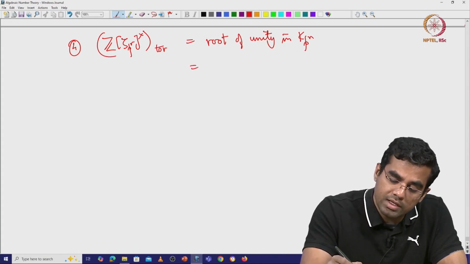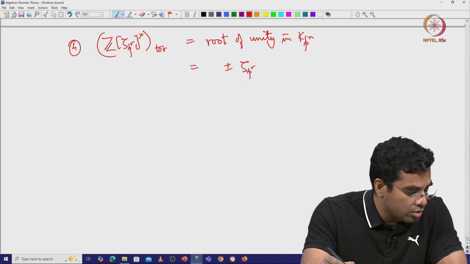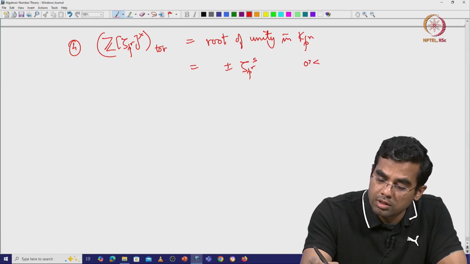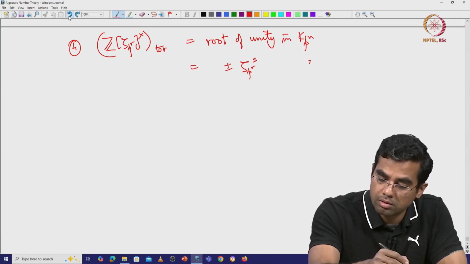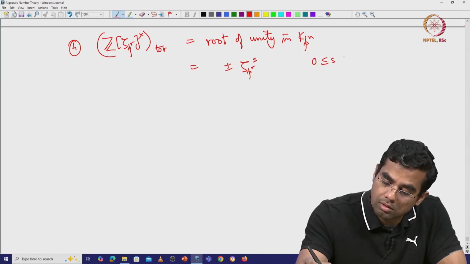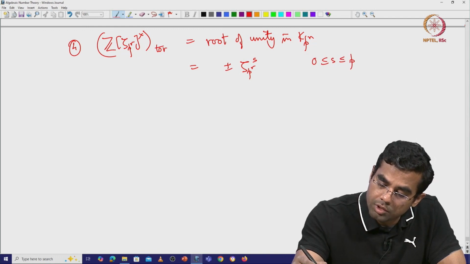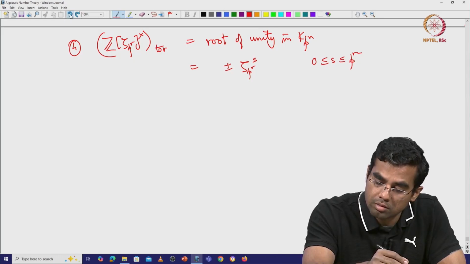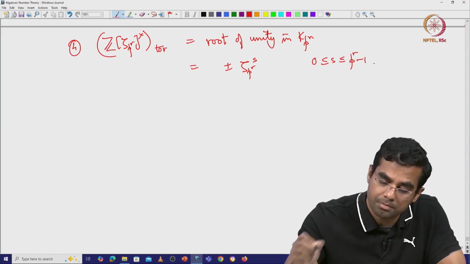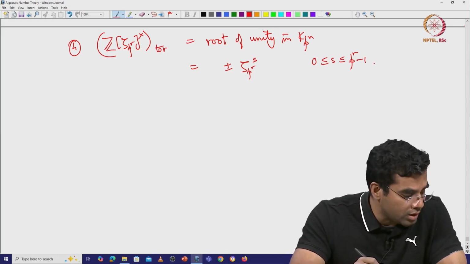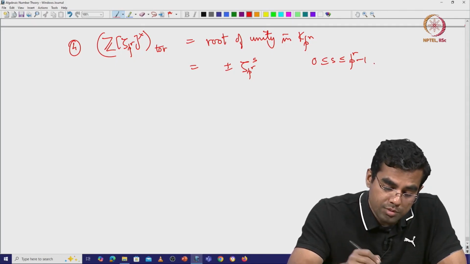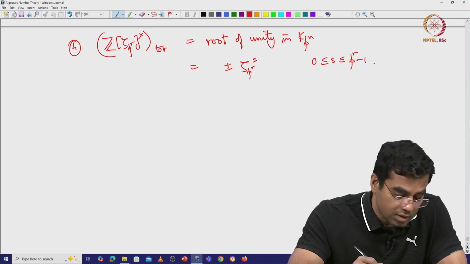This is precisely equal to plus or minus zeta_{p^r}^s for s between 0 and p^r minus 1. These are the roots of unity. So, there are potentially 2 times p^r roots of unity in this.